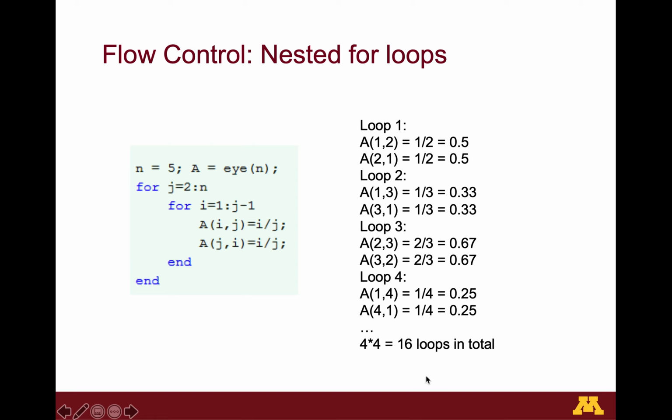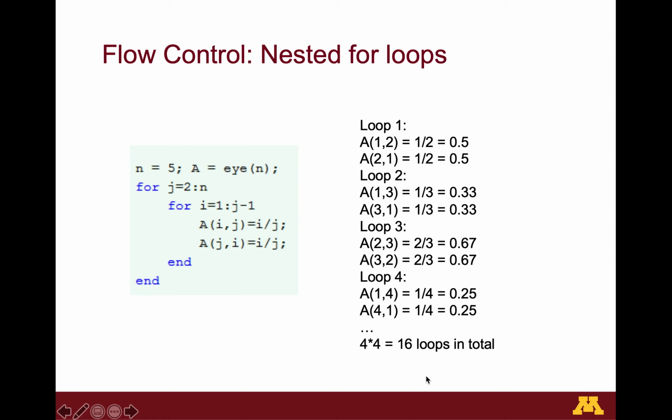Now we finished the inner for loop. We go to loop 4, which is to give the j value to the incremental, which is 4. So now i goes back to value 1, the inner nest. And now in loop 4 we execute a14 and a41.